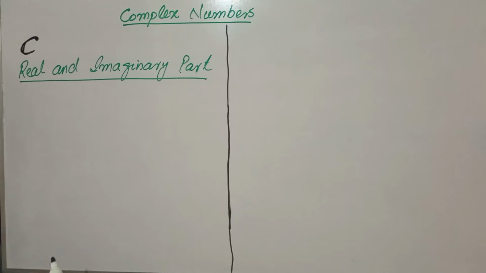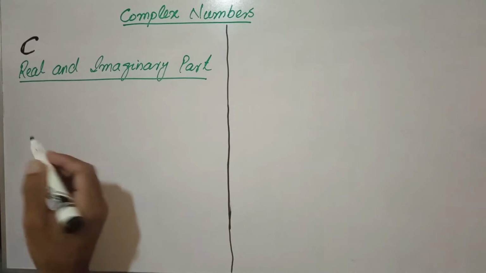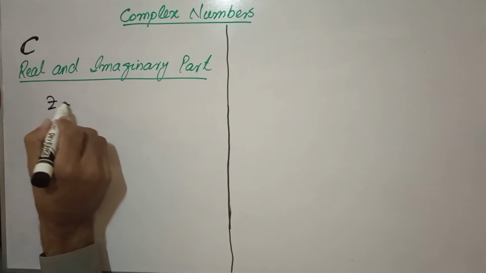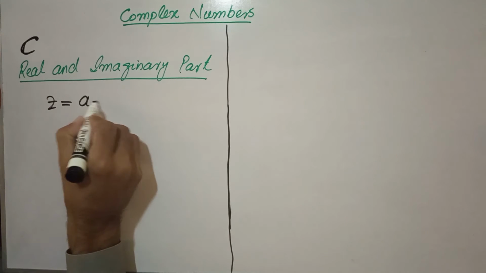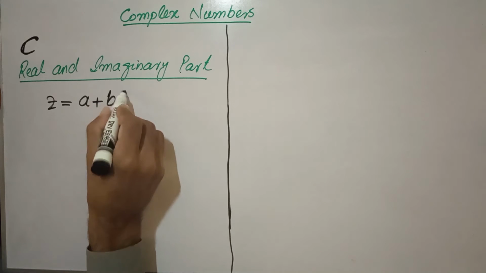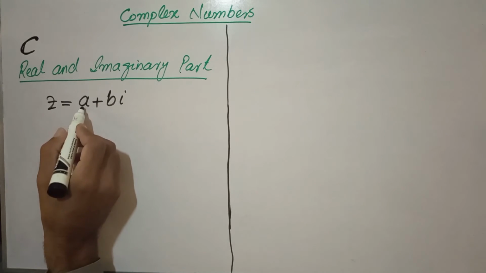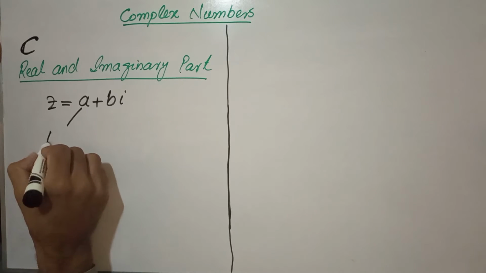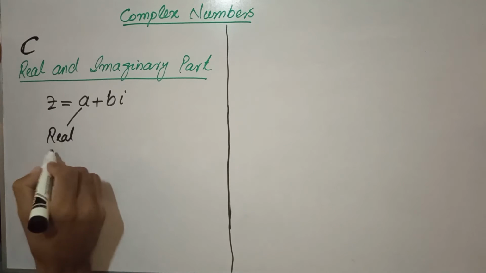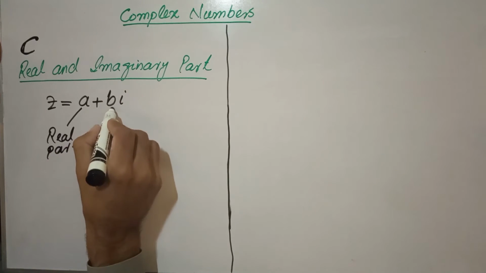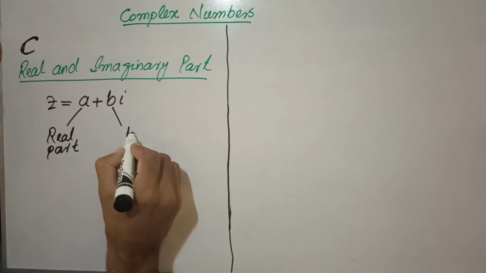Now we consider real and imaginary parts of a complex number. For example, if z is any complex number a plus b iota, the number without iota is called the real part. This one is the real part, and the coefficient of iota is the imaginary part.